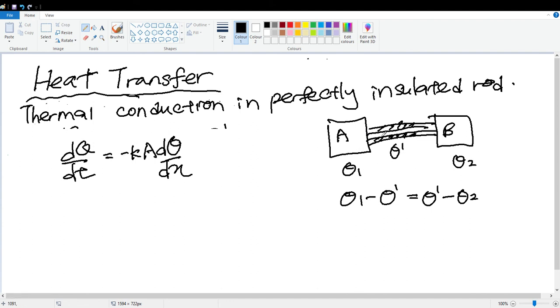Since the rate of heat flow is constant at every point, the rate of heat flow at every point is the same.